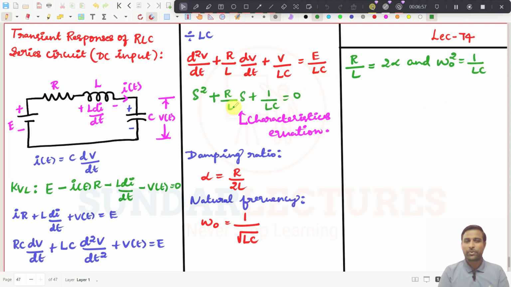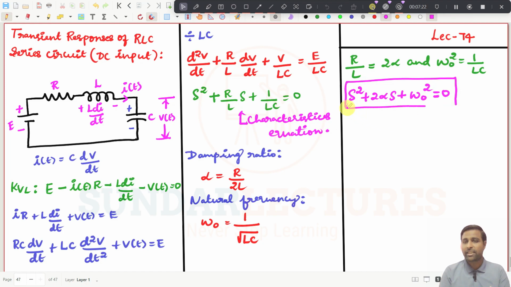And now what do you do? You just substitute these terms inside the expression. You will get S square plus 2 alpha S plus omega naught square, which is equal to 0. This is the expression for the characteristic equation.